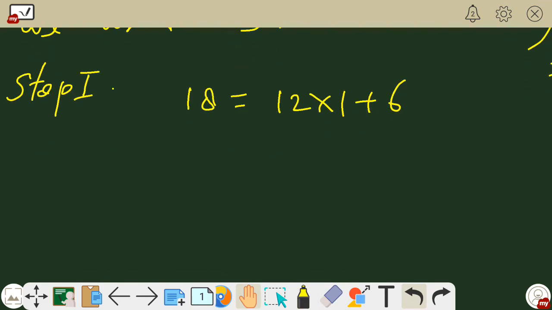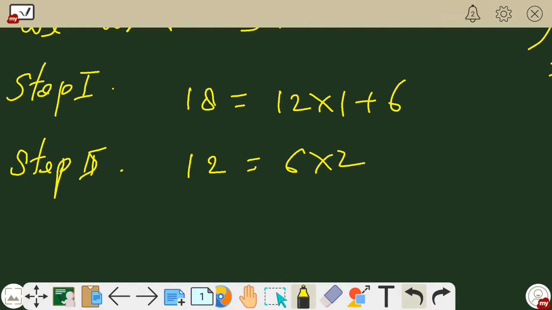Step number two: the divisor becomes the dividend and the remainder works as the divisor. So 12 is equal to 6 times 2 plus 0, and you get remainder 0. This is the last step, step number 2. Here the divisor is 6 and the remainder is 0.